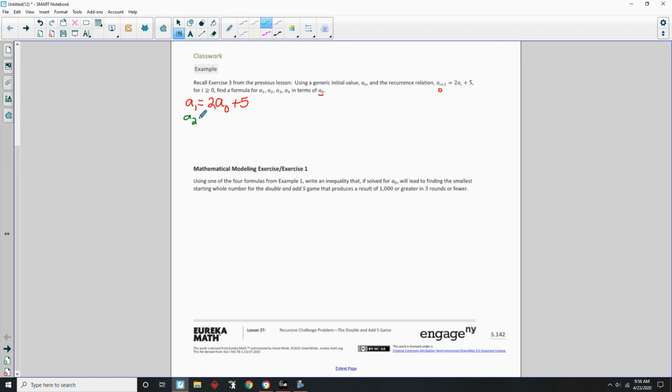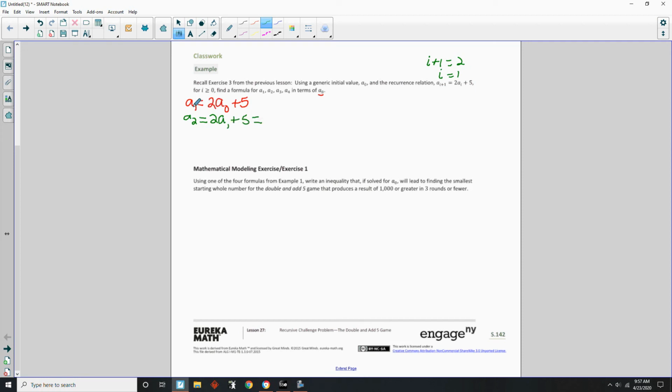Let me switch colors for a sub 2. So a sub 2 equals, let me erase this 0 here. Now I want i plus 1 to equal 2. So if i plus 1 equals 2, then i equals 1. So that would be a sub 2 equals 2a sub 1 plus 5.